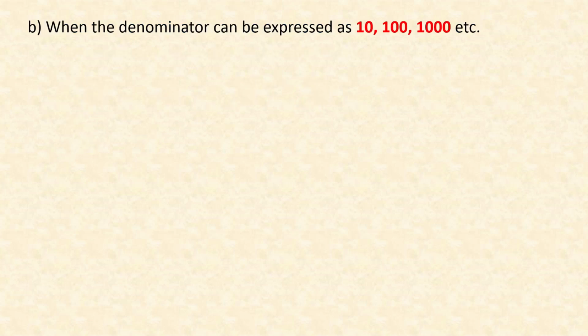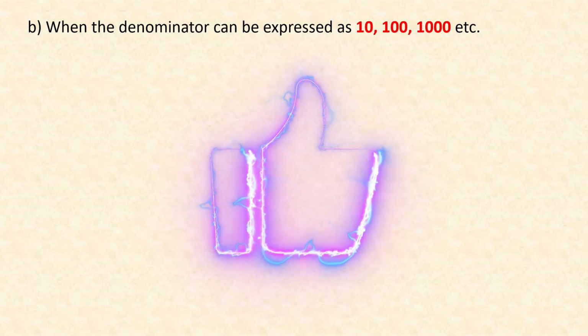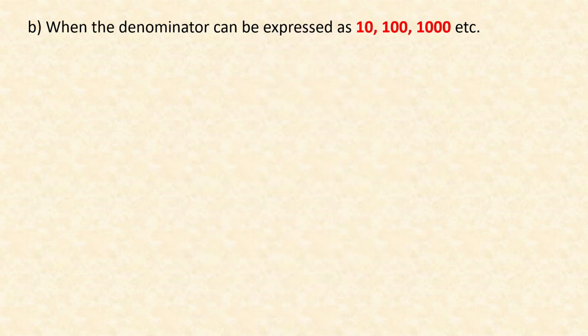Let us understand another condition where the denominator can be expressed as 10, 100 or 1000. It means initially the denominator is not 10 or 100 or 1000, but we can change the denominator to 10, 100 or 1000. Let us take an example. 1 by 4. So as we know the denominator is 4.